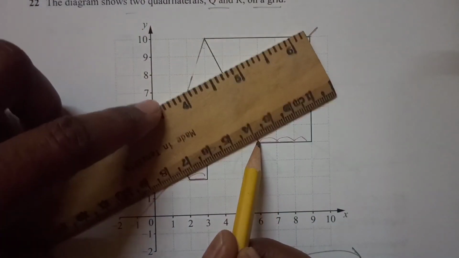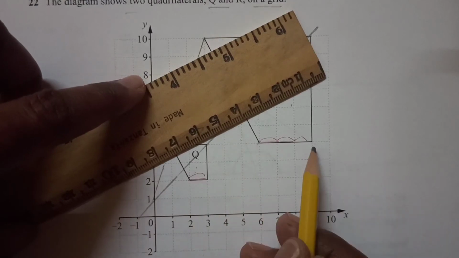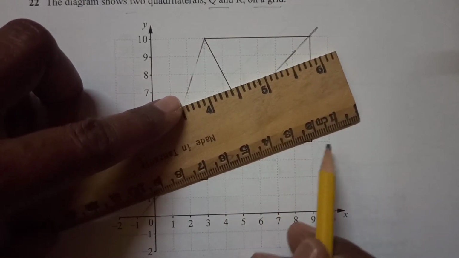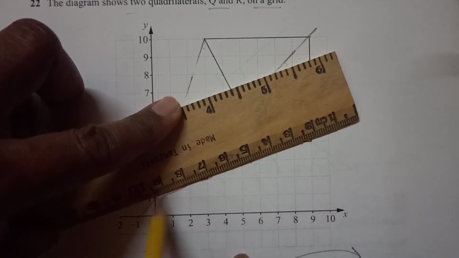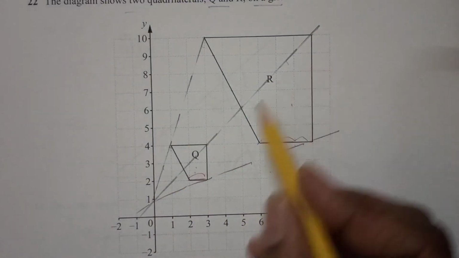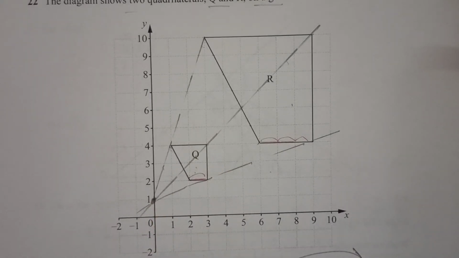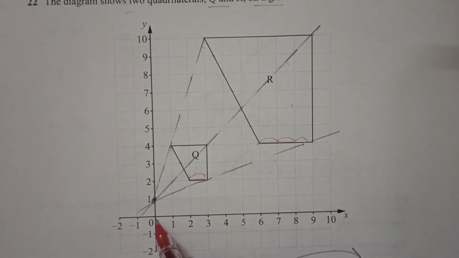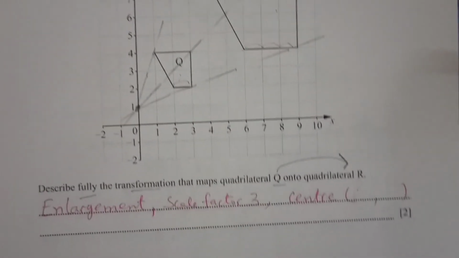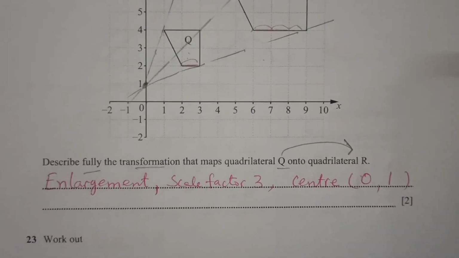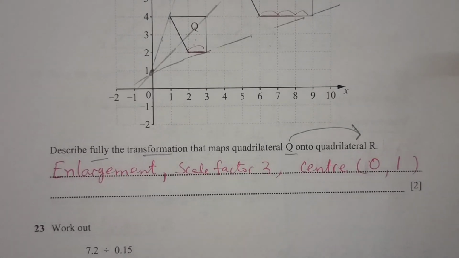We can take any corner. Let's say take this one. 3 will be enough for that. So you see all these points, they are coming together at this point. We join at this point. So this is the center. So the x coordinate here is 0 and y is 1. So the center is 0 and 1. So that's it for this question.